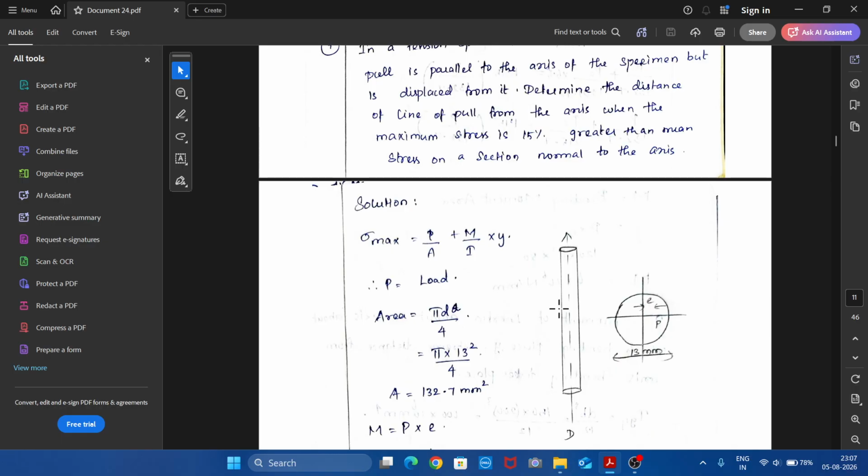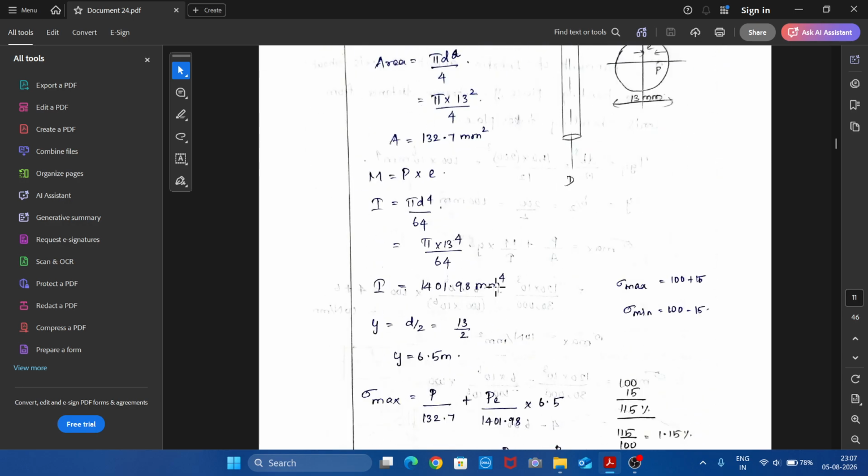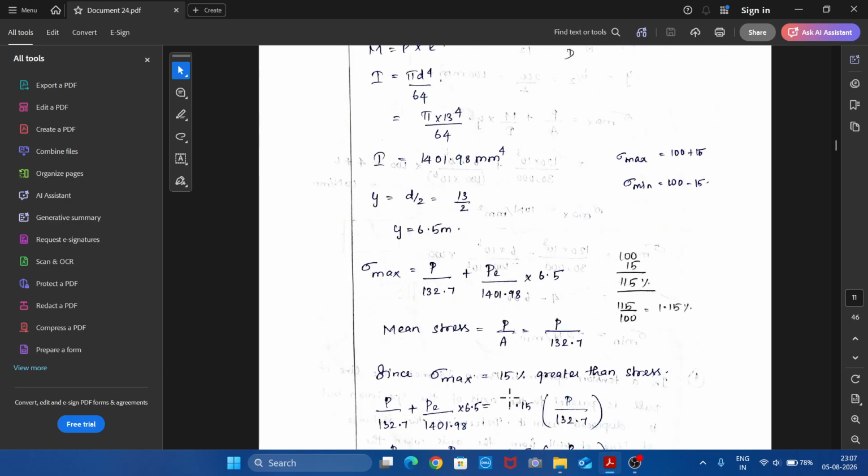It is given that, say the condition is given, determine the distance of line of pull. That is, we need to find the eccentricity when the maximum stress is 15% greater than the mean stress. Mean stress means it is load divided by area. It will also be equal to the direct stress. So mean stress is load by area, multiplied by 1.15 because it is 15% greater.